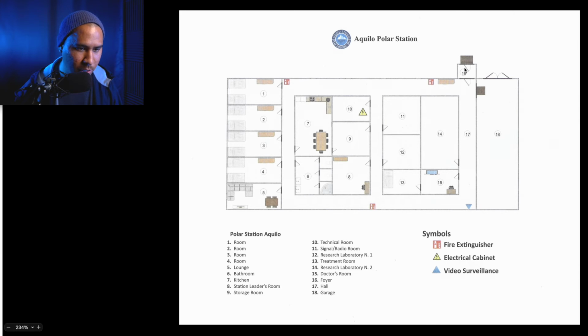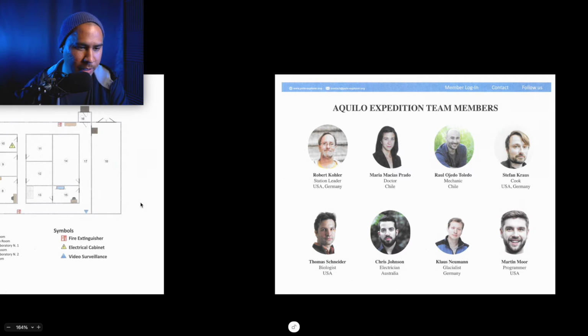Foyer over here, a hall and a garage. Video surveillance is right here in this hall. So is there going to be a piece of gum somewhere? We'll see.